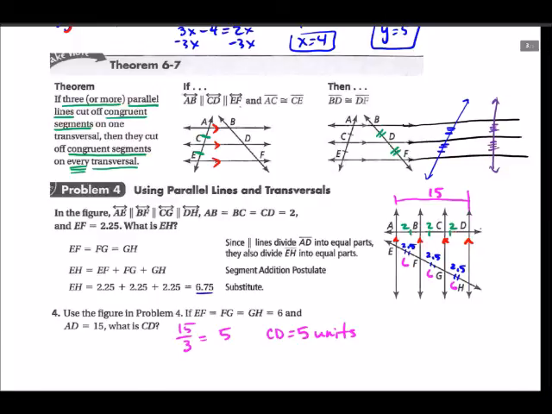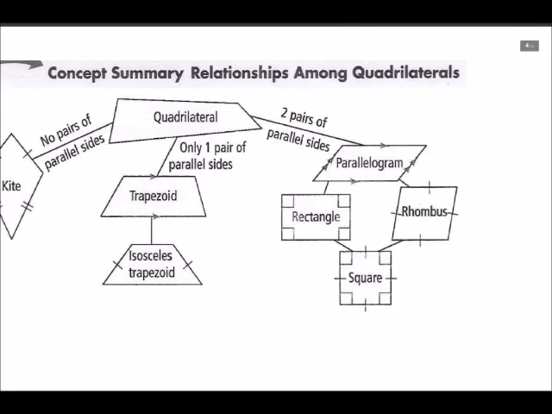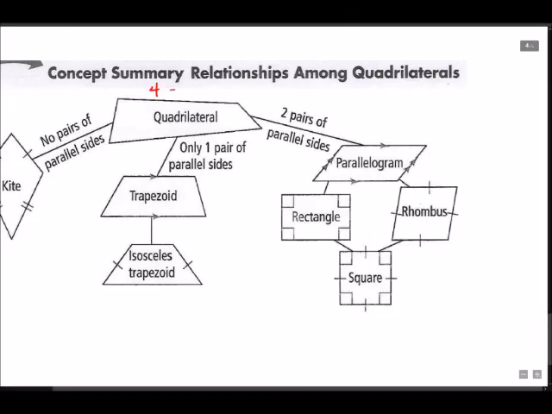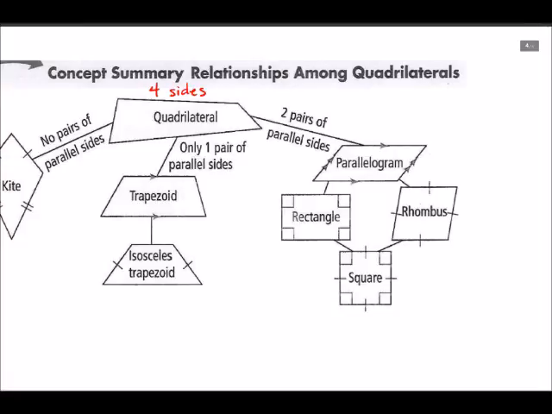All right, well, at this point, we need to get out our quadrilateral chart and start filling in some things. So quadrilateral means we have 4 sides. And what are we going to do with that quadrilateral?